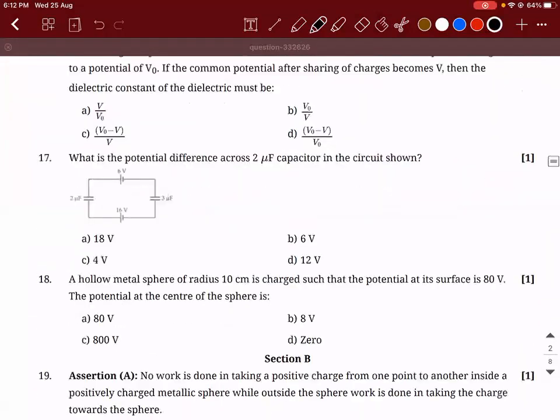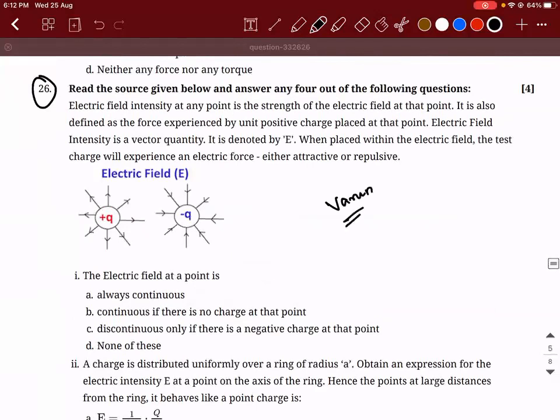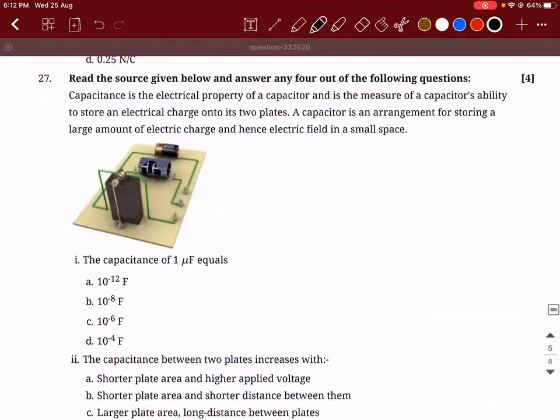Okay, next. 26th who asked? Varun, sir. 27th, somebody asked. 26th, Nandakishore, sir.